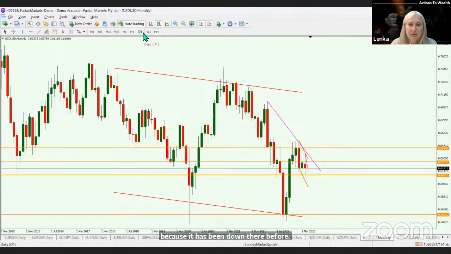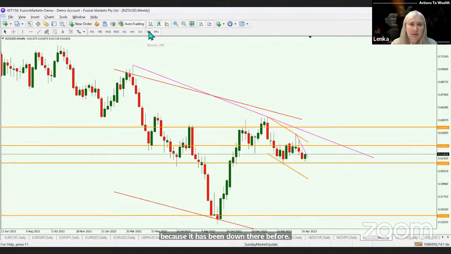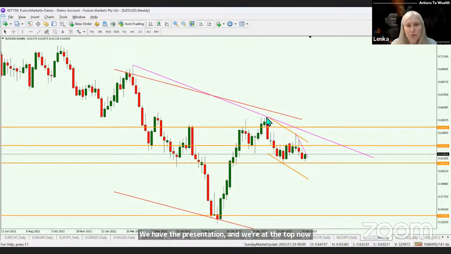So no reason why it can't, in theory. Here we have the price action, and we're at the top. Now, if I've got 2 points there already in terms of the trend, this can still go lower.